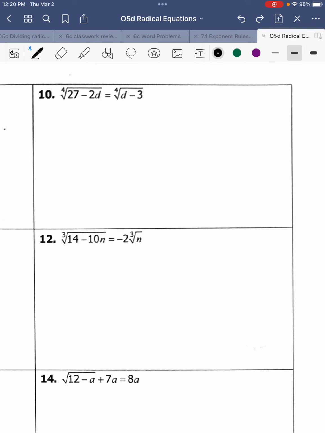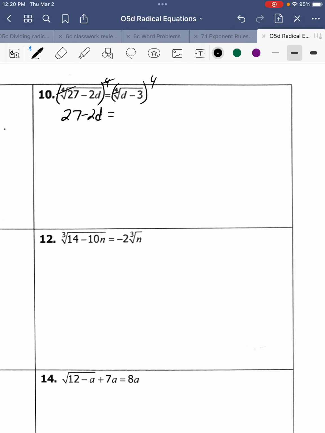Number 10. So for when you have multiple radicals in the problem, all you're looking to do is isolate one of the radicals. Well, they both happen to be isolated, so I'm going to raise it to the fourth power. Raise the other side to the fourth power.